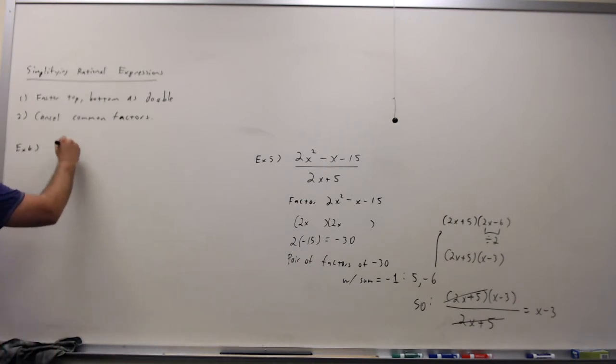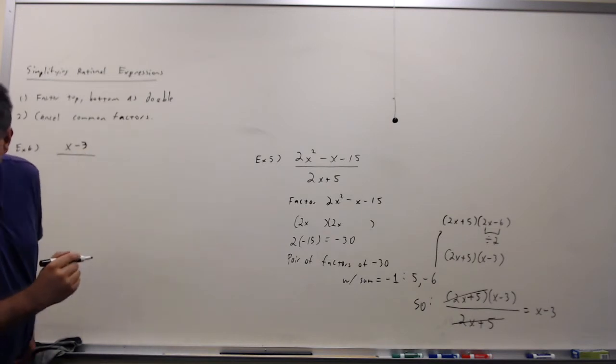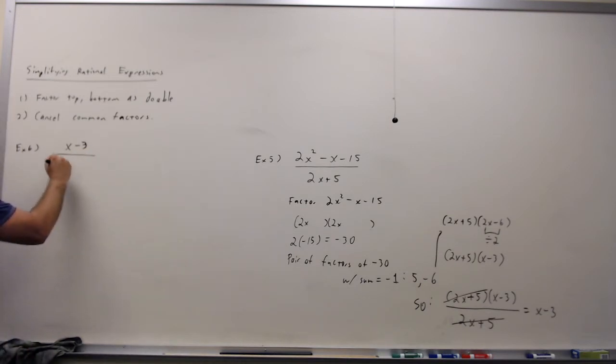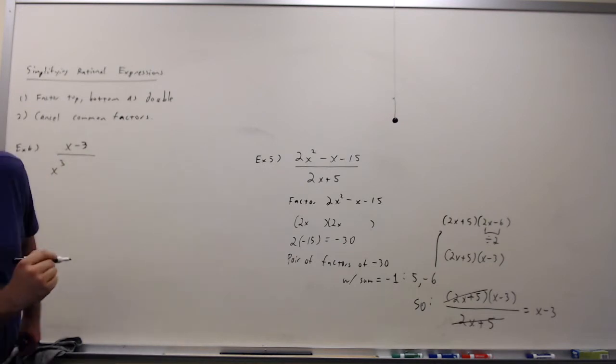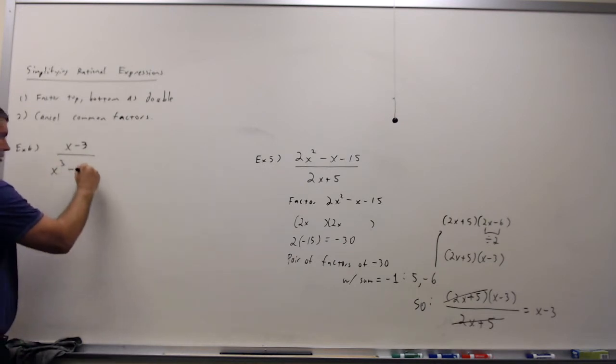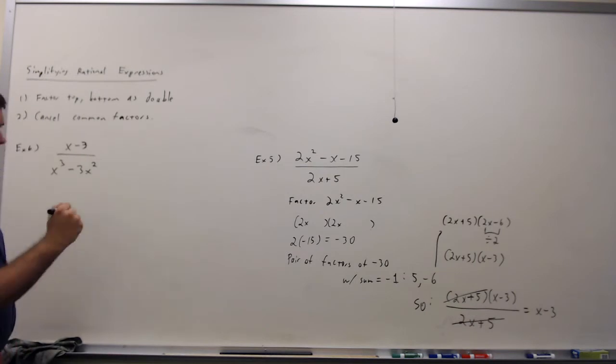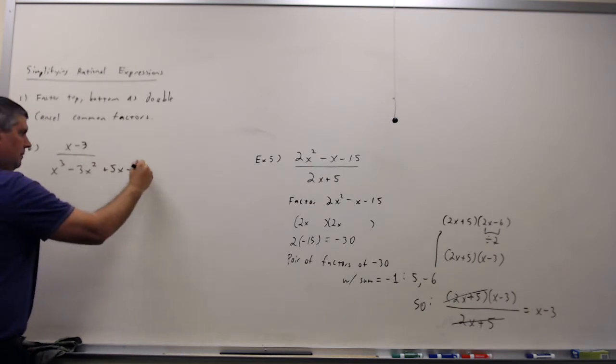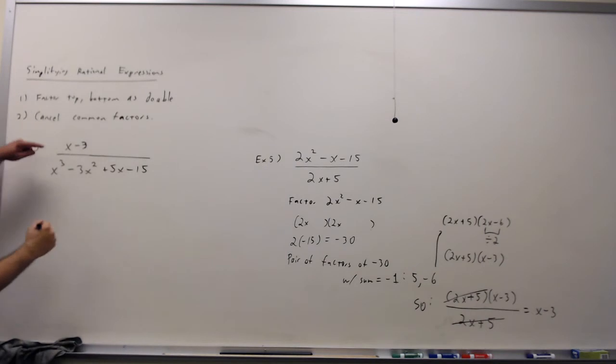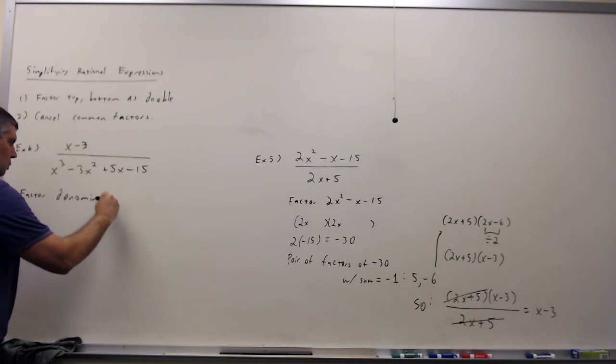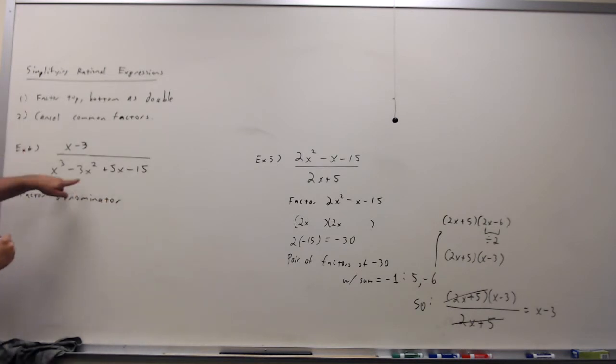x minus 3 over x cubed minus 3x squared plus 5x minus 15. Okay, that's non-factorable, but this is factorable. Factor the denominator. So I can take an x squared out of these two terms, leaves me x minus 3.